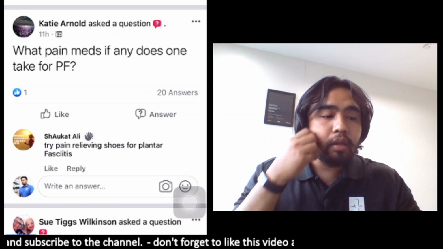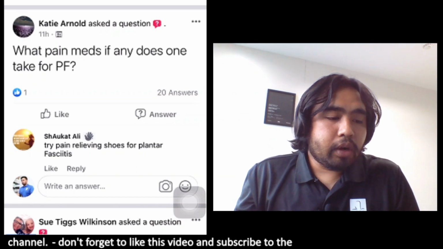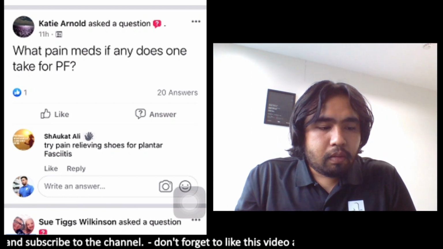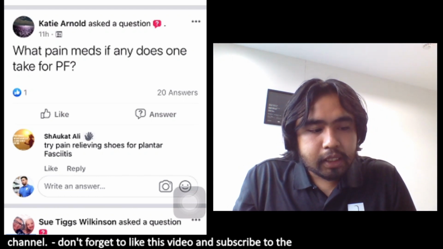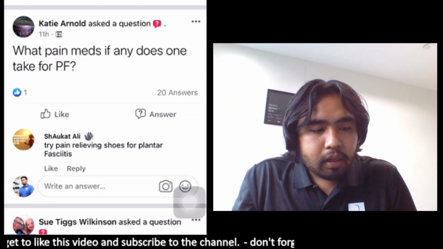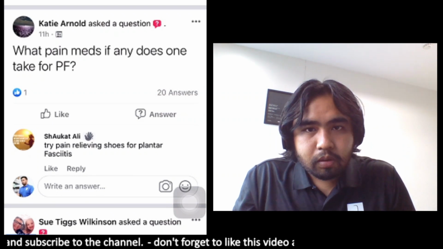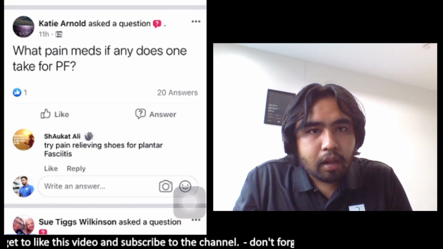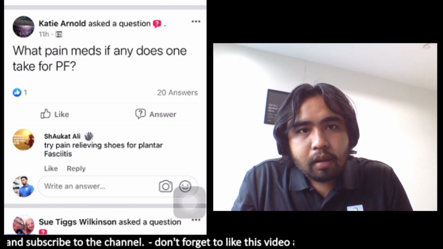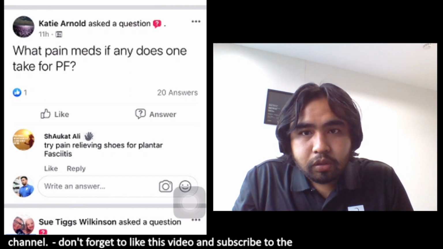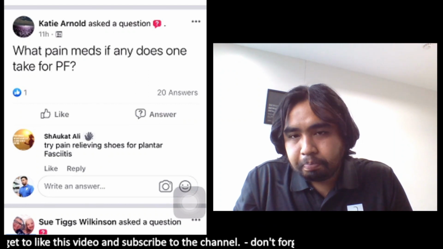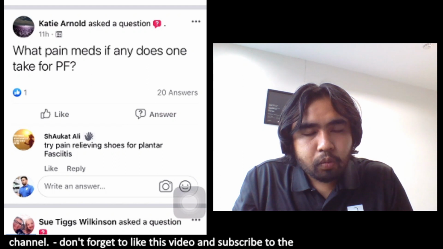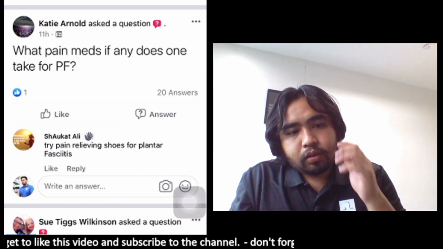So for some people, anti-inflammatory meds work, but with a lot of patients, it doesn't help. What I see that helps a lot of people who have PF is magnesium sulfate. They're using Epsom salt to work on their foot.